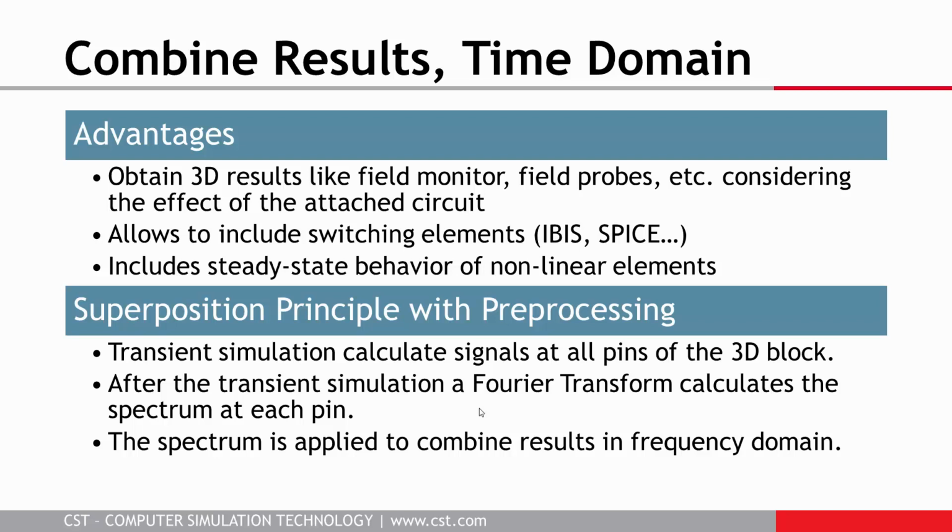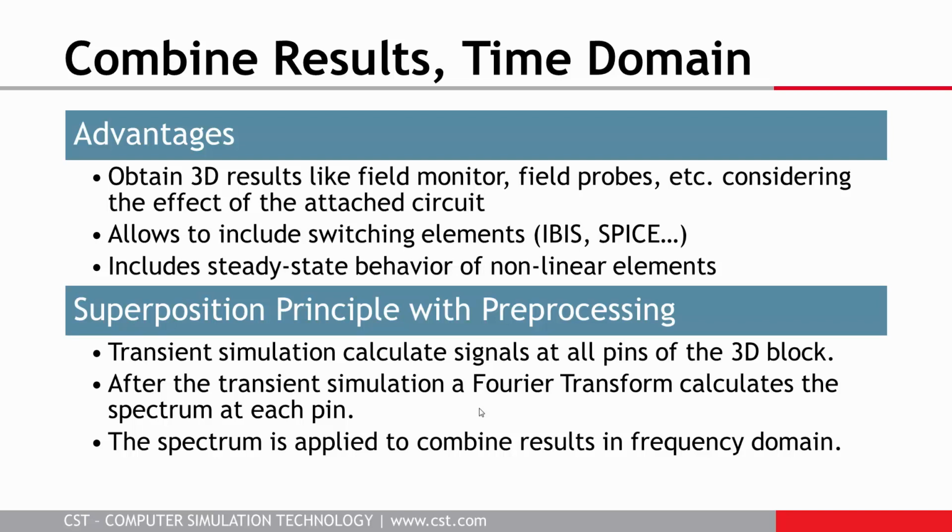And this is very powerful when you have nonlinear elements. It is still superposition, so it cannot capture transient effects. It's not a transient monitor, but it is a frequency domain representation of the switching behavior of your circuit, of course always assuming that your circuit is in steady state.